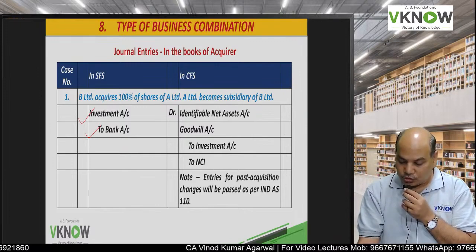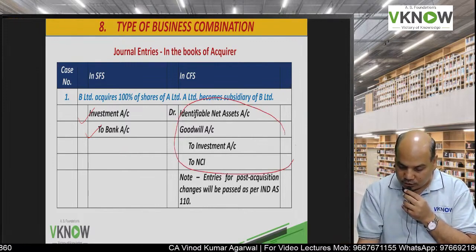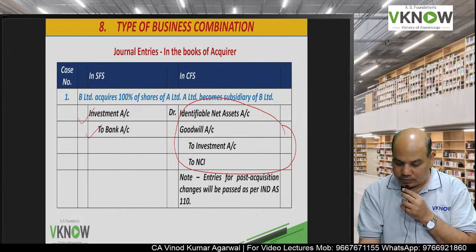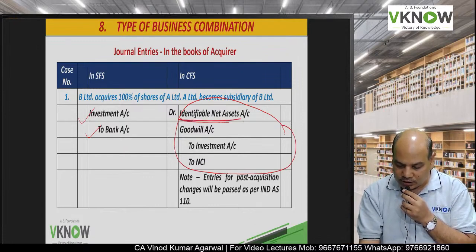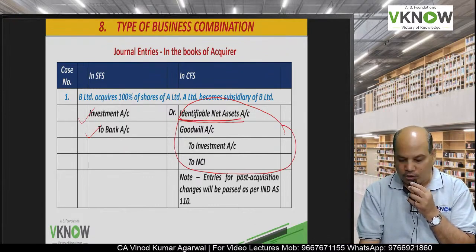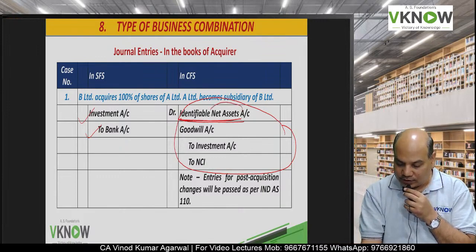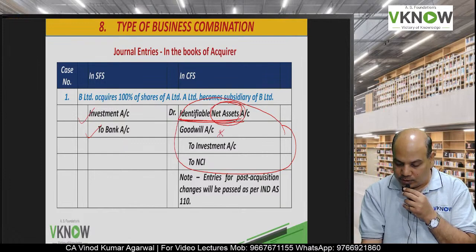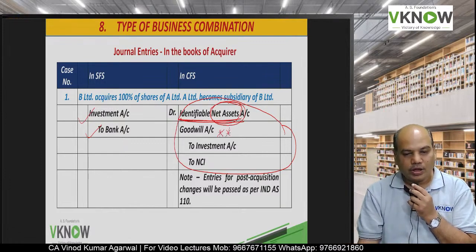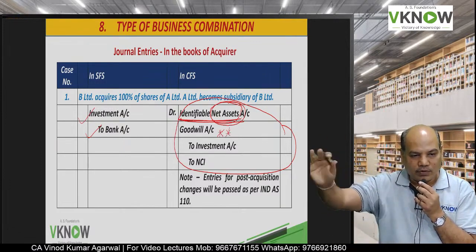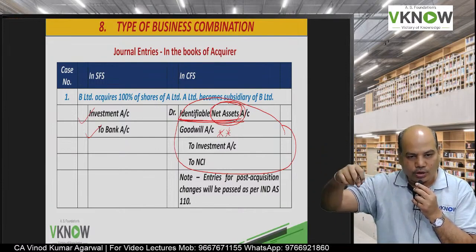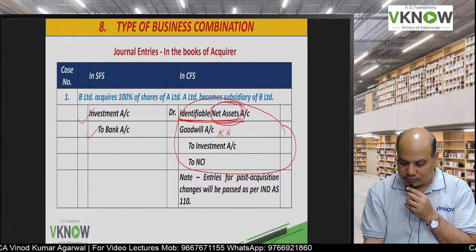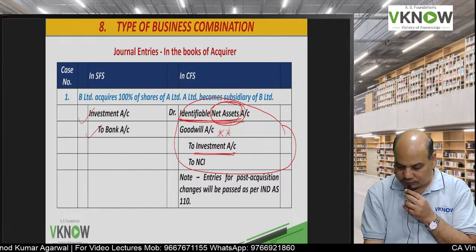But in consolidated financial statement, we'll pass the entry identifiable net assets acquired at fair value, means assets account debit, liabilities account credit. Goodwill will be the balancing figure. Any goodwill appearing in the books of acquiree, you don't write it. Let the goodwill be the balancing figure here. Then to investment.